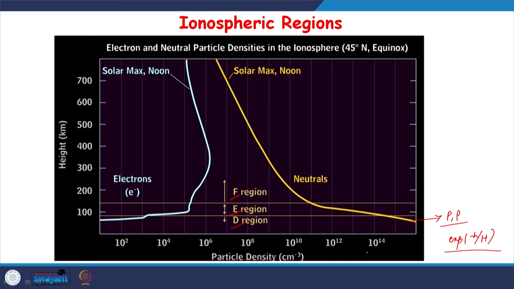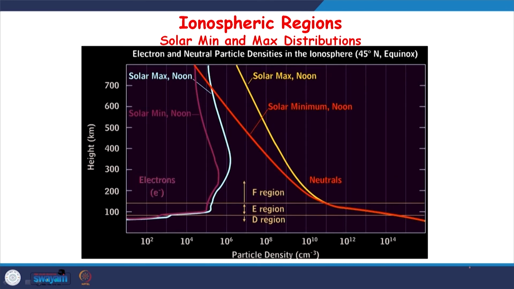During solar maximum and minimum, solar minimum will have the neutral species decay much faster, while solar maximum will have more ionization available at any given height. This is the basic way in which solar cycle variations are induced into the neutral atmosphere as well as the ionosphere.